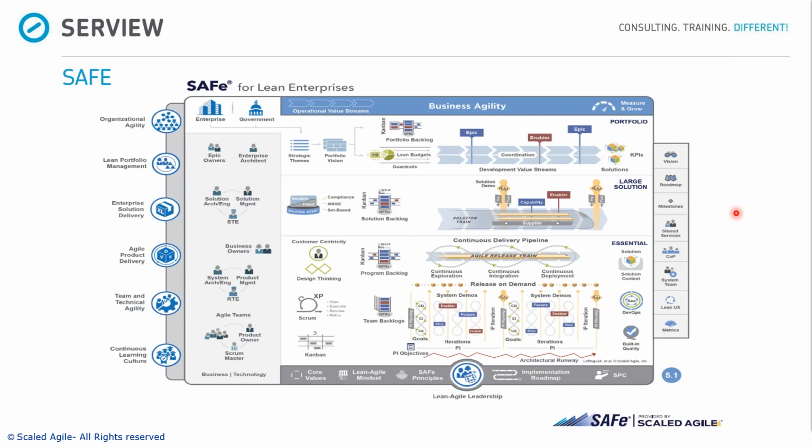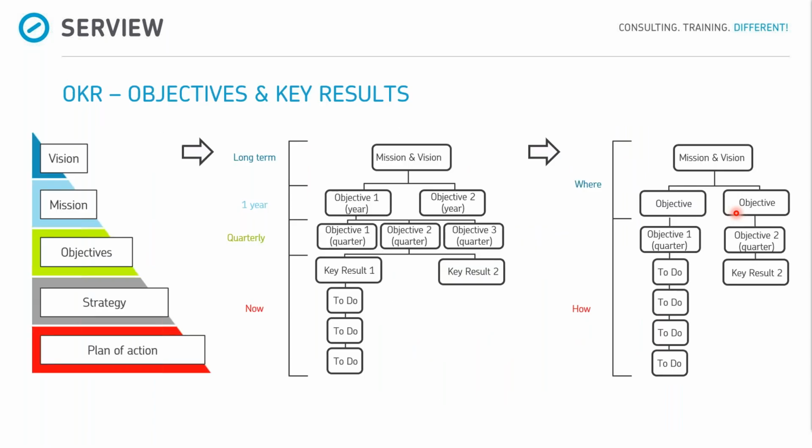The last one I want to show you is objectives and key results. Objectives and key results is a management method that helps to ensure that all activities are focused on the same and most important goals throughout an organization.